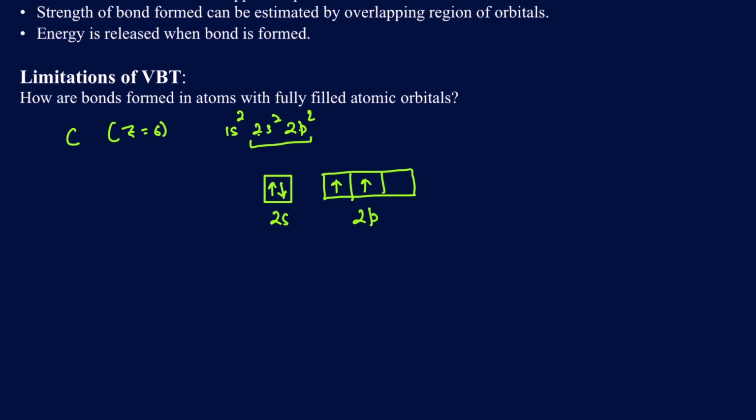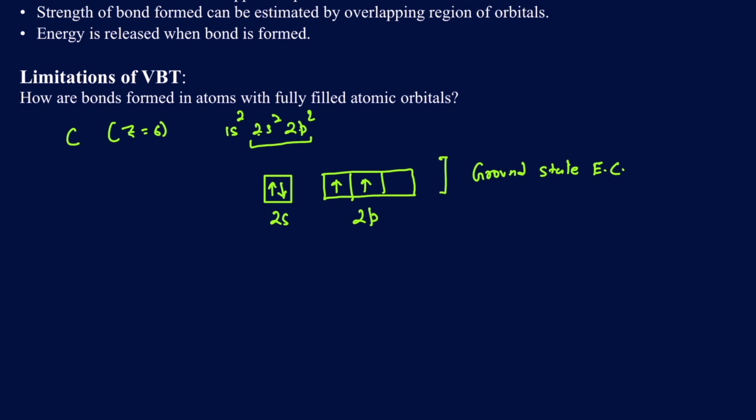So if that is true all the time, then carbon is going to be able to make only two bonds because in the ground state electronic configuration for the carbon, you only have two orbitals half-filled. So this is going to be the ground state electronic configuration for the carbon.